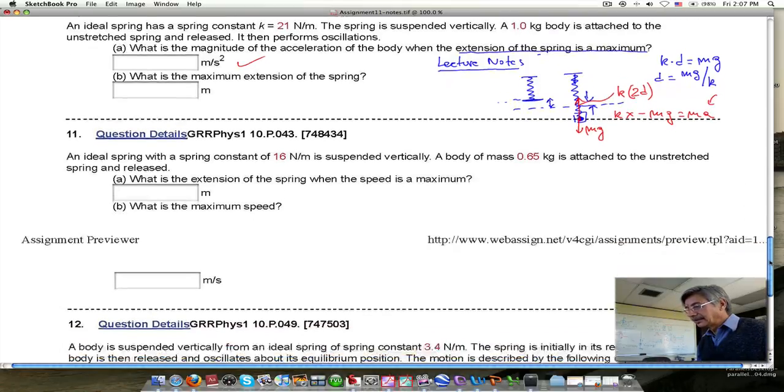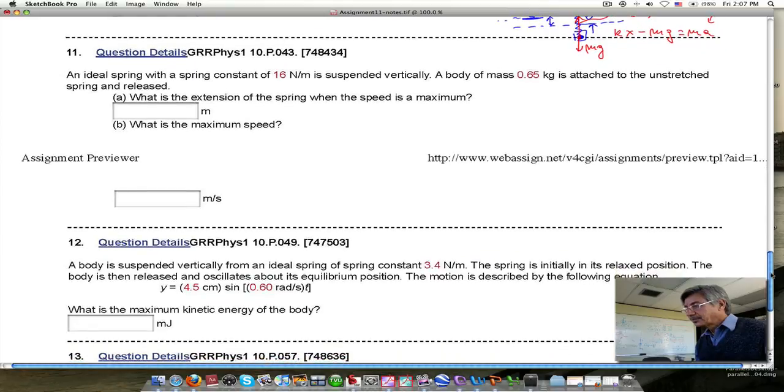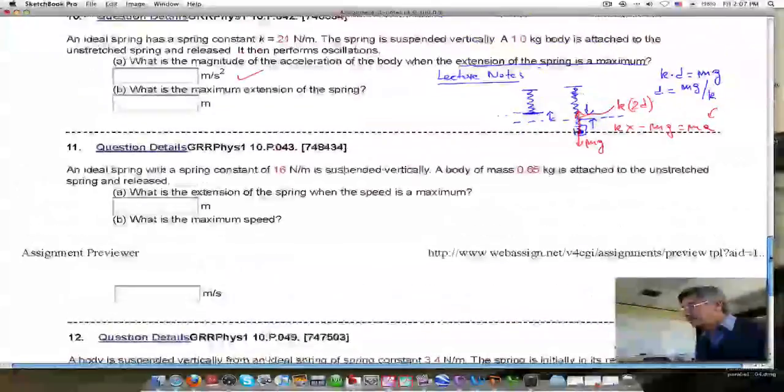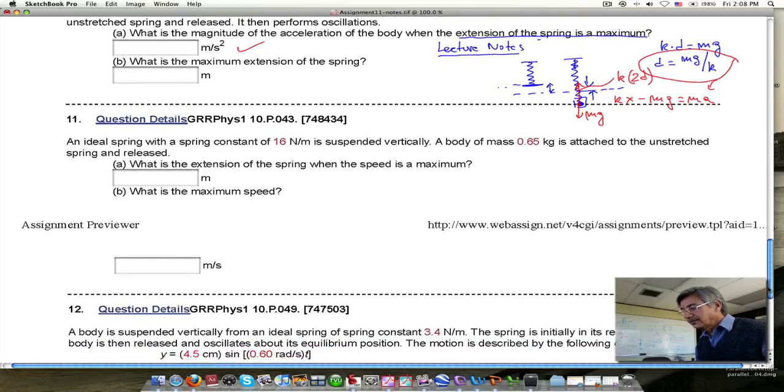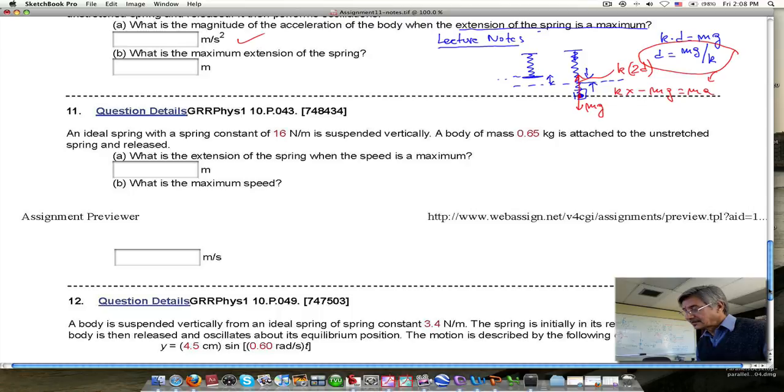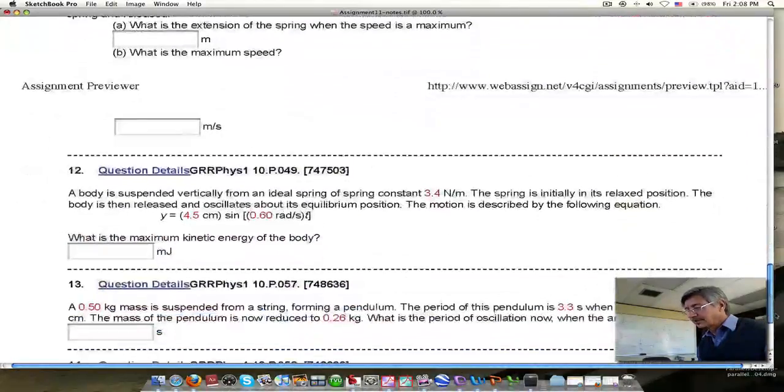So number 11, another spring, vertical again, you have a mass. What is the extension of the spring when the speed is maximum? The extension of the spring when the speed is maximum is at the equilibrium point. And the maximum speed is going to be given by that amplitude times the angular frequency. It's always the same expression for all of them.